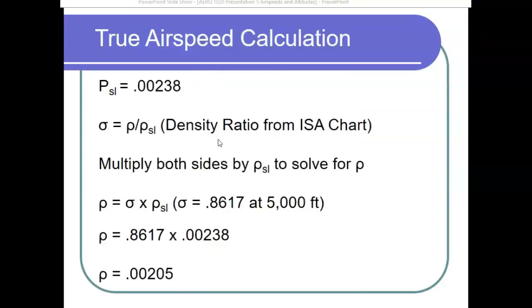So with the density ratio from the ISA chart, we can now figure out what the density is at 5,000 feet by taking that ratio and multiplying it by the density at sea level, 0.00238. So 0.8617 times 0.00238 is 0.00205. That is the density at 5,000 feet.